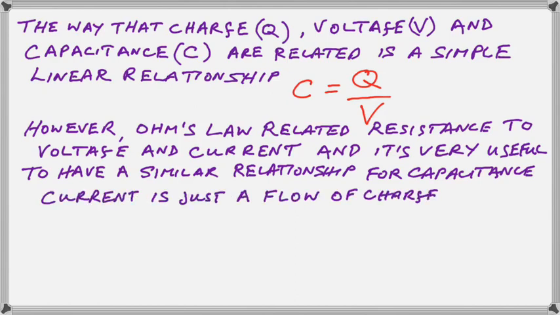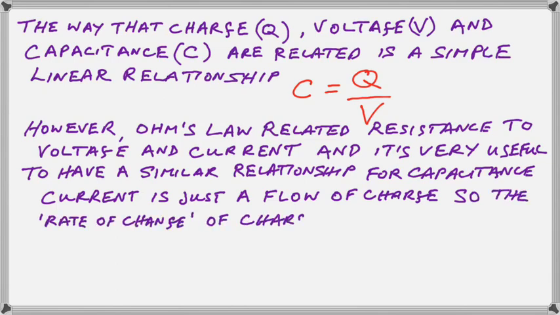But what is current? The current is really just a flow of charge, or rather it's the rate of change of the charge. Because if the charges are flowing and going somewhere else, there's going to be a certain rate of change of the charge. If we have a bunch of charges sitting there and some of them are flowing away, there's a rate of change as the charges get less and less.